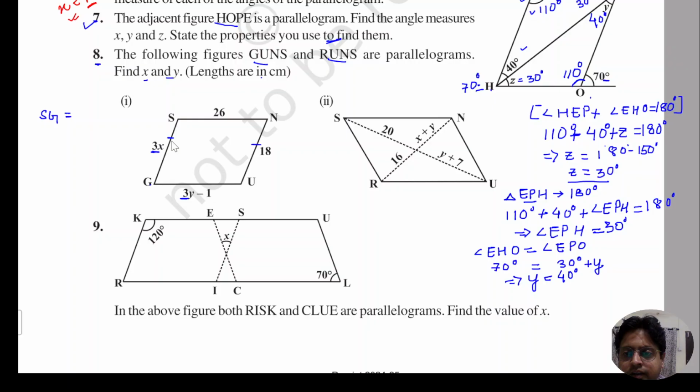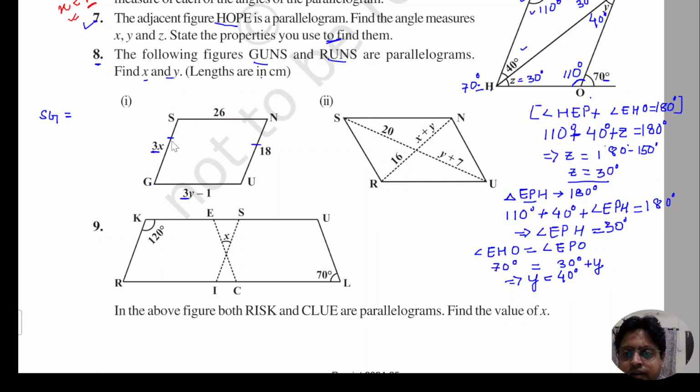Similarly, to show other pair of opposite sides equal in length, we will give two cuts on both the sides. This is showing that GU is equal to SN.